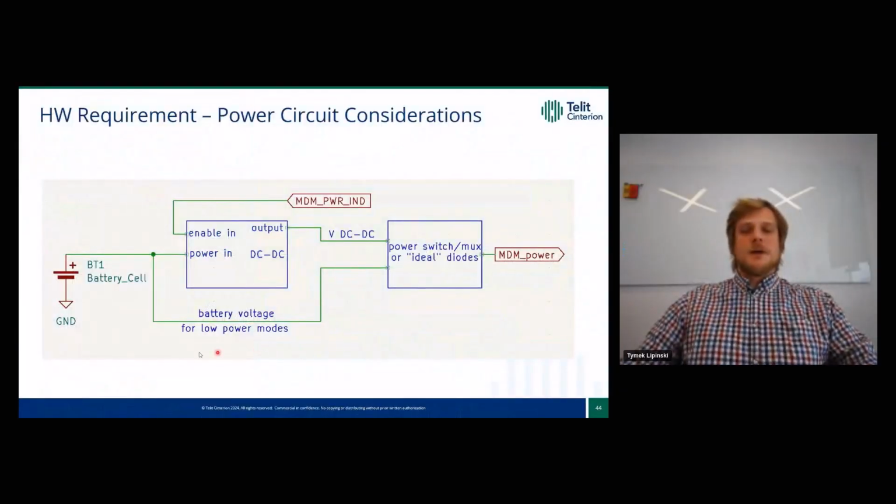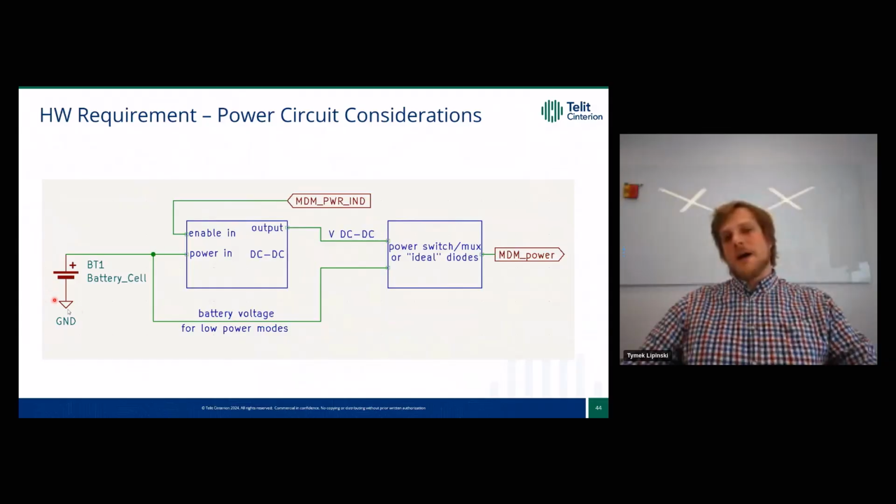Here is a simplified example of a block diagram of the power delivery circuit. So we have our battery cell that is not capable of supplying sufficient current to the modem. So we utilize a DC to DC converter block in here, which is controlled by the modem power indicator.